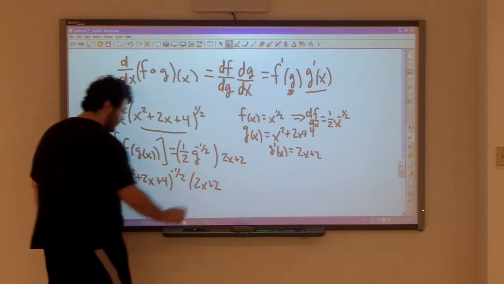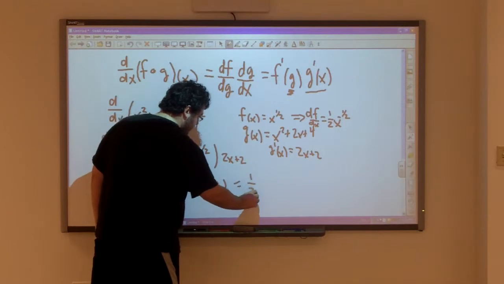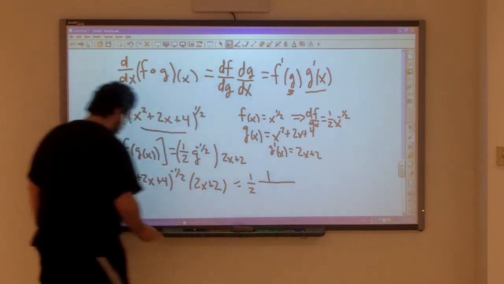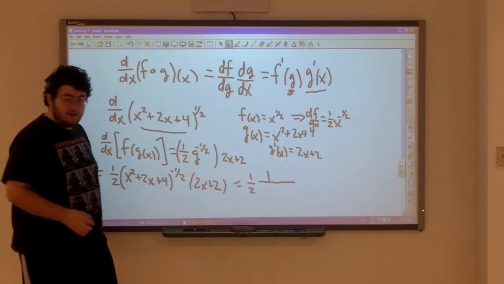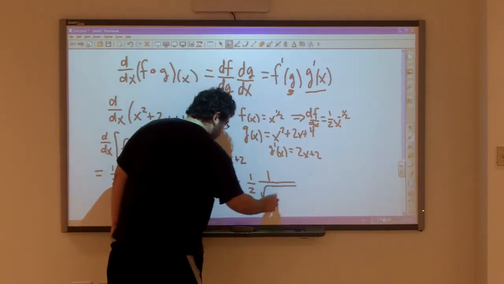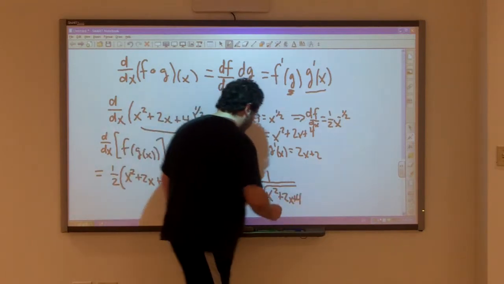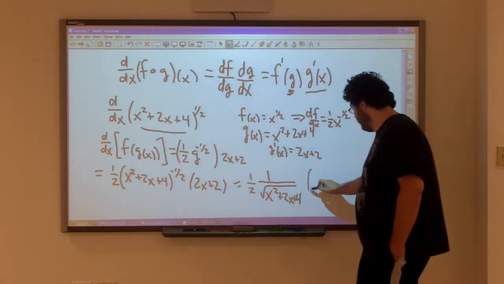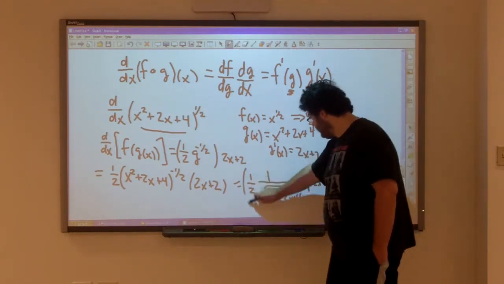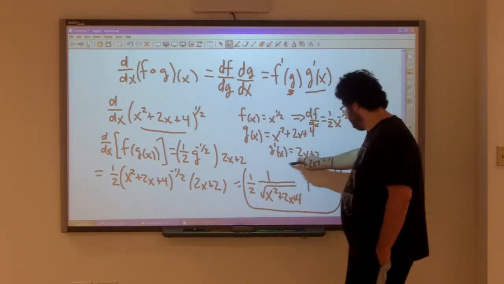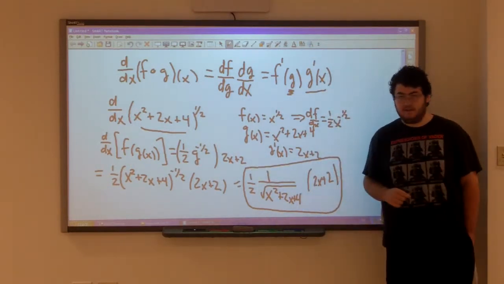So we can rewrite that a little simpler as 1/2 times 1 over the square root, because when you have a negative exponent, it's just the exponent in the denominator, of g times the derivative of g. And that's our answer. So this is how you would take a derivative when you have a composition like this.